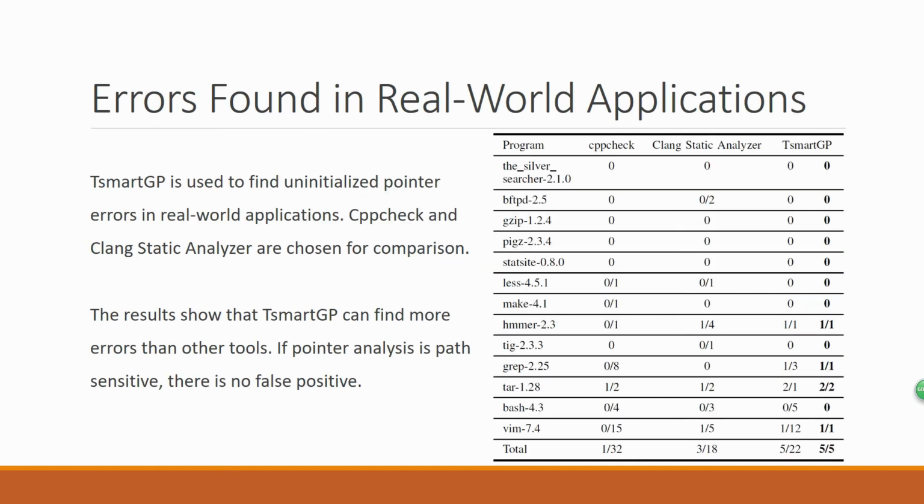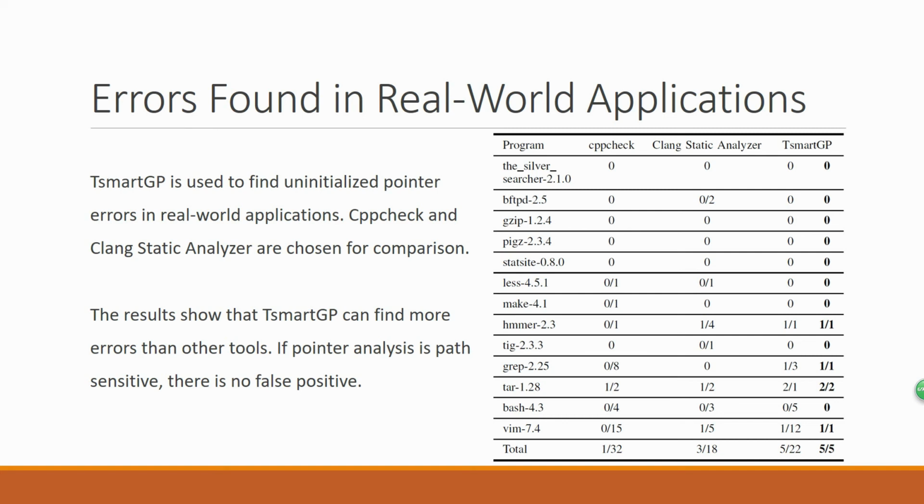We use TsmartGP to find uninitialized pointer errors in 13 real-world applications. Cppcheck and Clang Static Analyzer are chosen for comparison. In column TsmartGP, the left shows the results of TsmartGP with path-insensitive pointer analysis, and the right shows the results of TsmartGP with path-sensitive pointer analysis.